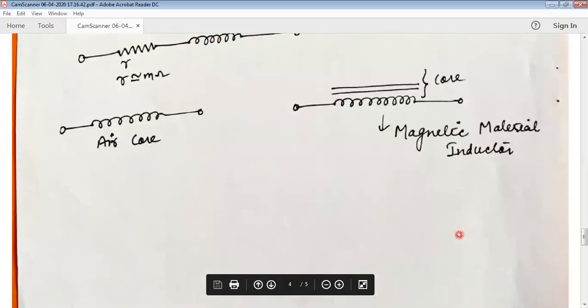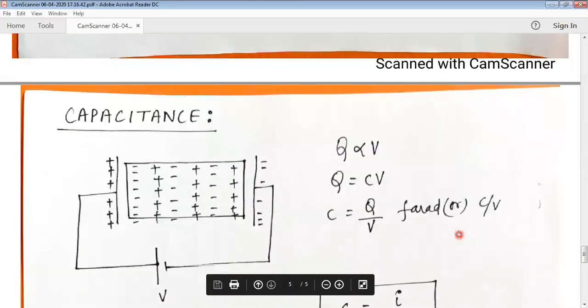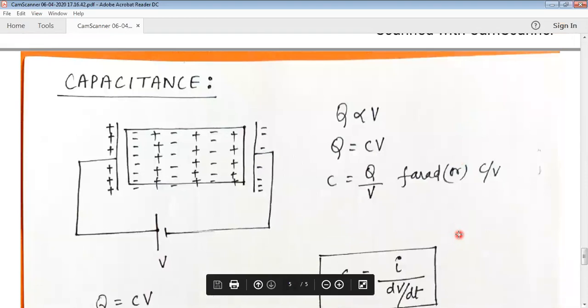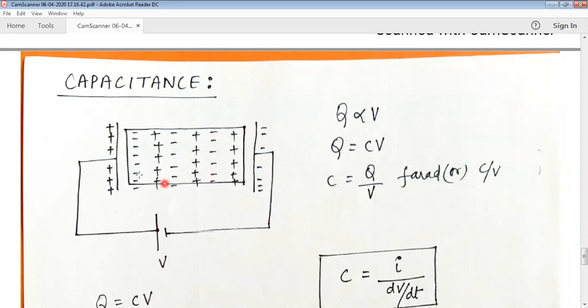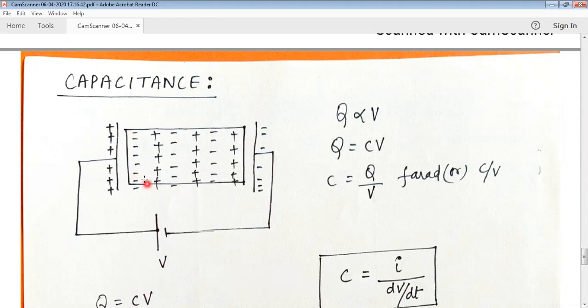Now let's move towards the next passive element, that is the capacitance. Clear? So next is your capacitance. Now see here the basics of the capacitance. How is the capacitance effect created? When two metal plates are kept and voltage is applied to the two metal plates, and any material is placed in between the two plates, that material should be a dielectric material.